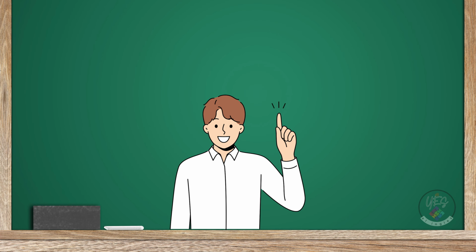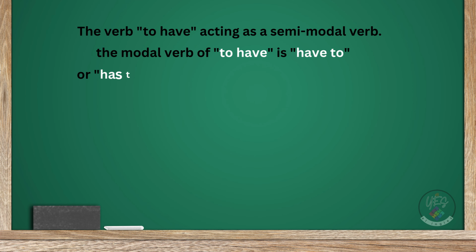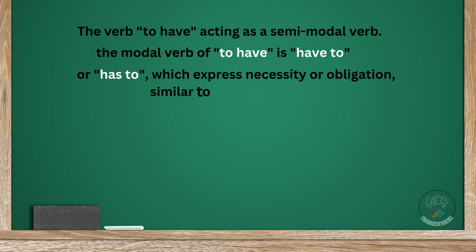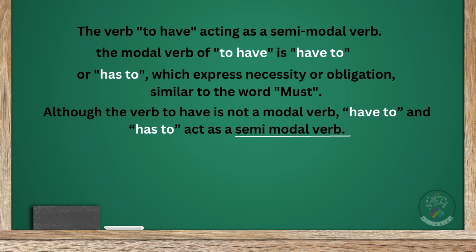Okay, so now we are going to go over the verb to have, acting as a semi-modal verb. The modal verb of to have is have to or has to, which express necessity or obligation, similar to the word must. Although the verb to have is not a modal verb, have to and has to act as a semi-modal verb.